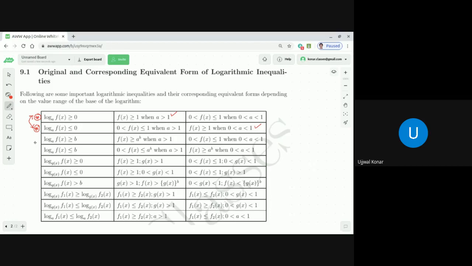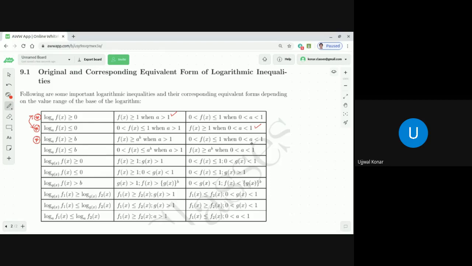Now, let's come to the next point. Next point is log of f(x) base a is greater than or equal to b. If you see, dear students, log of f(x) base a greater than or equal to b says that f(x) is greater than or equal to a to the power b when a is greater than 1. And f(x) is in between 0 and 1, not including 0 but it can include 1, that means 0 less than f(x) less than or equal to 1, when a is in between 0 and 1.